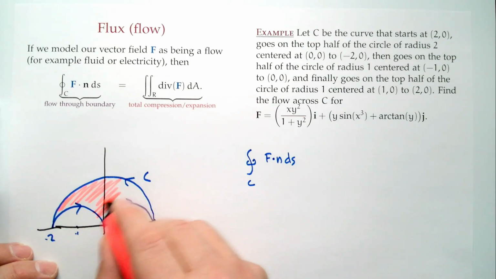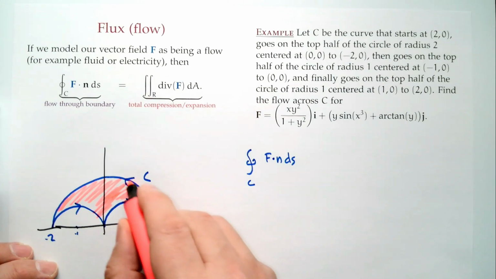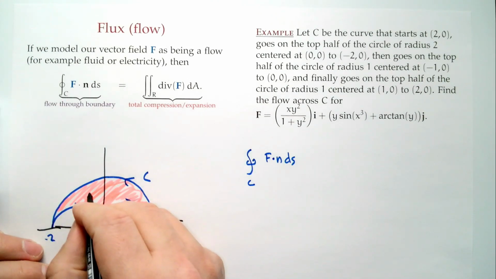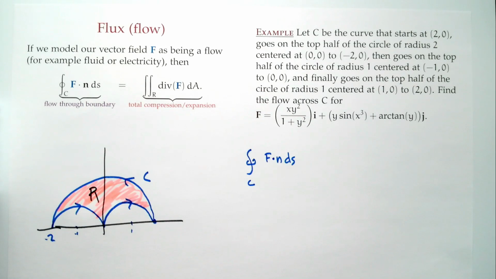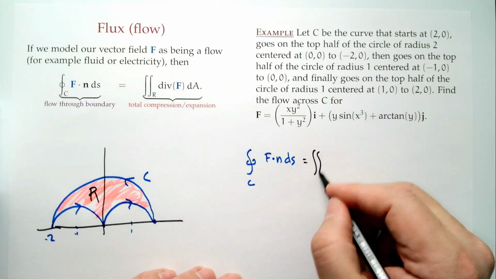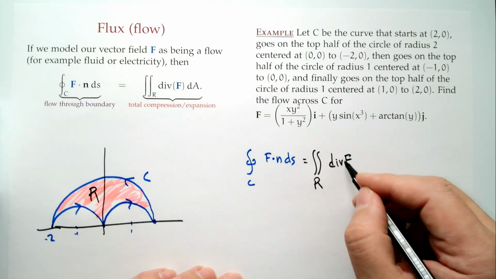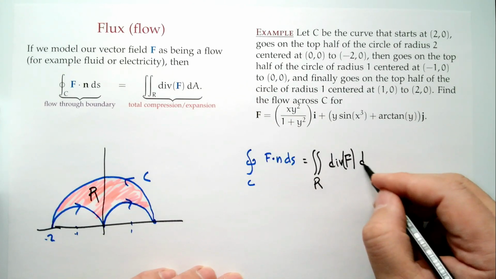Hopefully by now you're thinking, what if we made that curve the boundary of a region? That's a good idea, so we'll do that. All right, so there's our region. According to this, it's going to be the integral over our region of the divergence of our vector field.